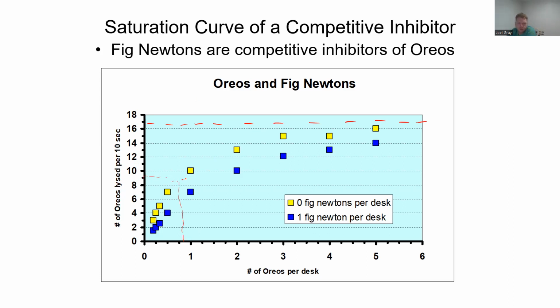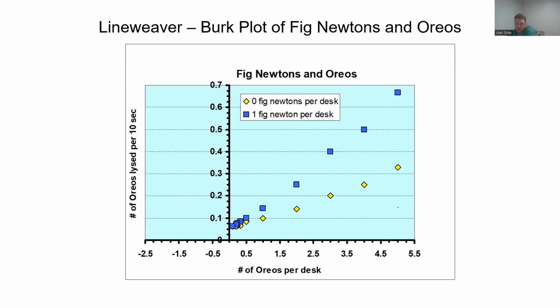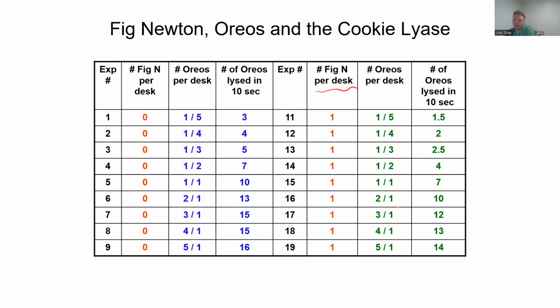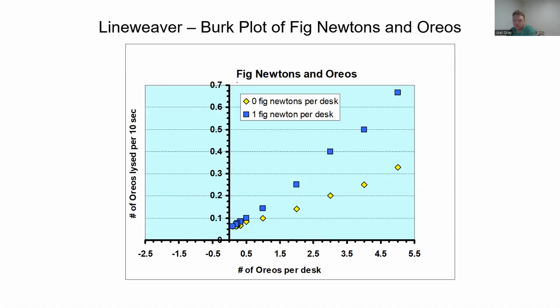Now, for our other type of inhibitor, our Km went up. And so that's one piece of data that we can get from this. What we can also do is take that same data right here and get the reciprocal of these values. That's where we can come up with this plot right here.